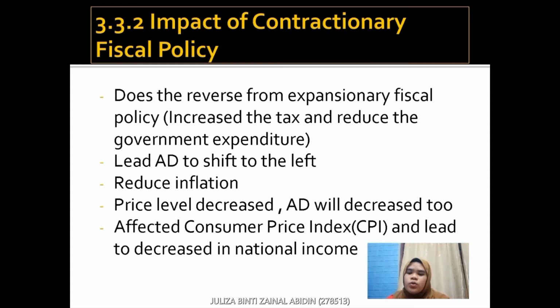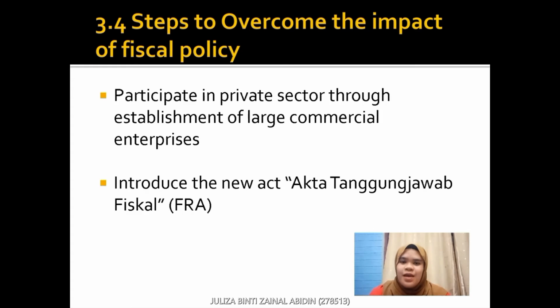This condition will reduce aggregate expenditure and aggregate demand, where when the price level is reduced, the aggregate demand will reduce too. However, this contractionary fiscal policy will affect CPI, that is Consumer Price Index too, and make the national income decrease.